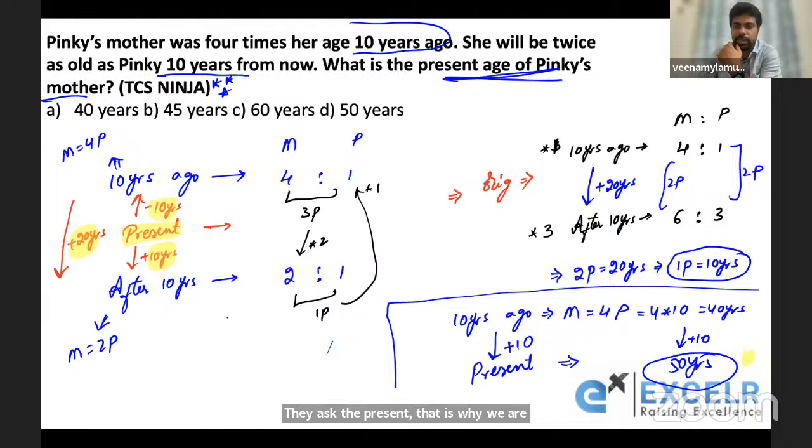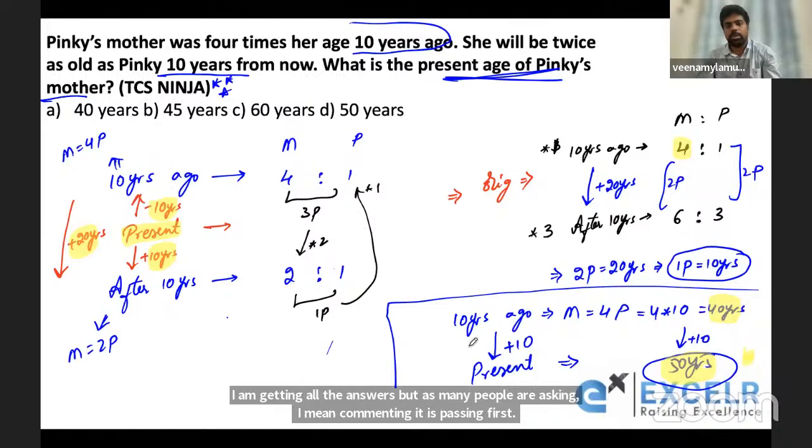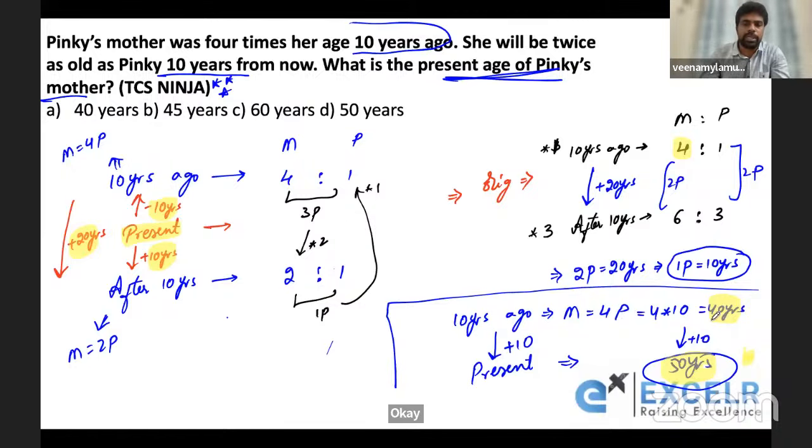Percentage is 50. So 10 years ago, it is 4 parts. That 4 parts is 40 years. Present it is 50. That's it. I am getting all the answers, but as many people are commenting, it is passing fast. Okay. So present age is 50 years. 10 years ago, it is 40 years.